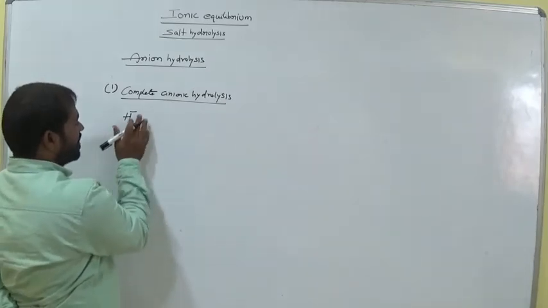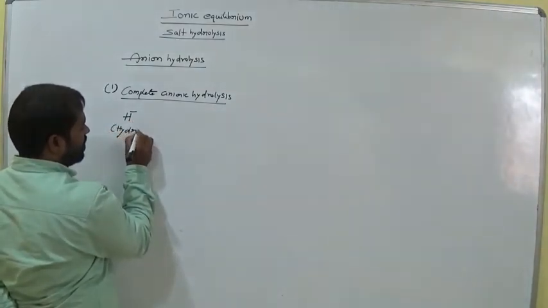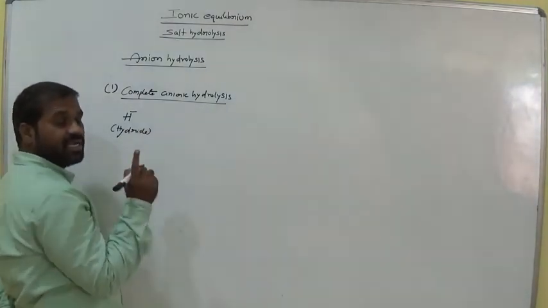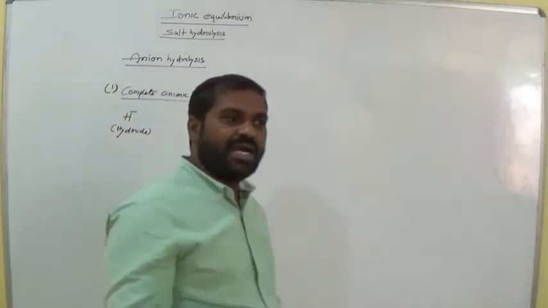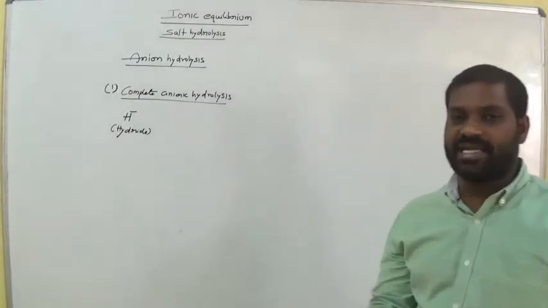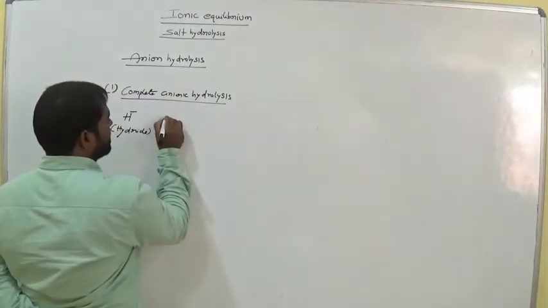Now this is an anion, am I right? Hydride ion. In the case of hydrides, the hydrogen possesses a negative charge. Remember that generally hydrogen possesses a positive charge, which we call a proton, but in hydride compounds the hydrogen possesses a negative charge. Now it interacts with water.